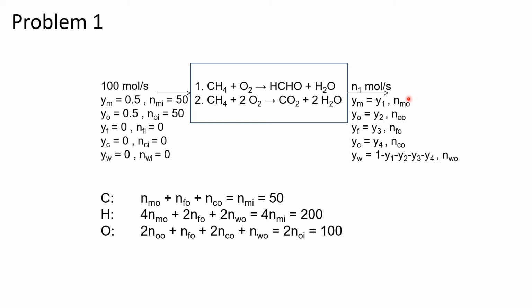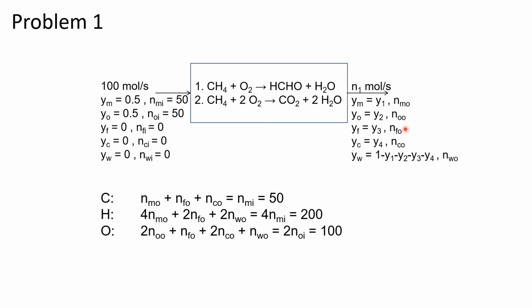So the first species, molecular species that leaves, is the methane. So in methane, there is carbon. So we'll take the molar flow rate of the methane, NMO, and we'll multiply this by the number of carbon atoms there are per molecule, and there's 1. Next, let's look at the oxygen. Oxygen doesn't have any carbon in it, so there won't be a contribution to the carbon balance from the species.